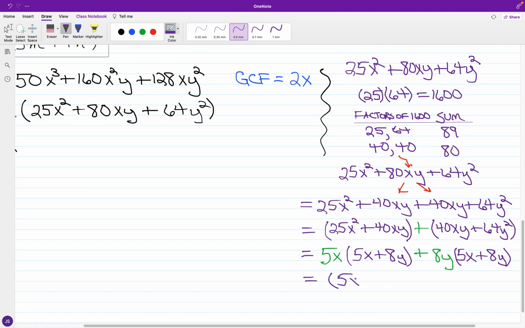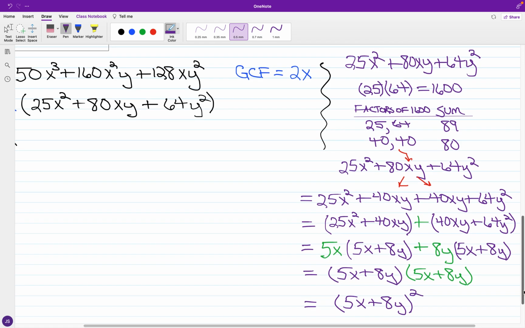Again, common, we have 5x plus 8y, and the outside terms, when you combine, we'll have 5x plus 8y, and since 5x and 8y repeat, this particular factor becomes the square of 5x plus 8y.